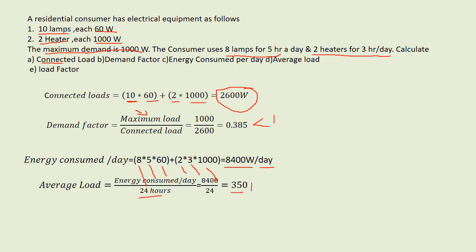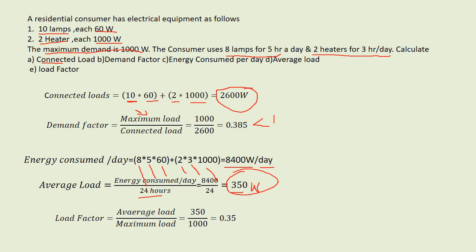So this is your average load, 350 watt. Next is your load factor. Load factor is the ratio of average load upon maximum load. So 350 is the average load and your maximum load is 1000. So that is your 0.35. Okay.